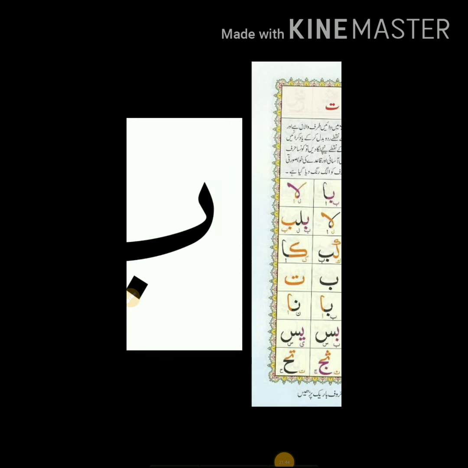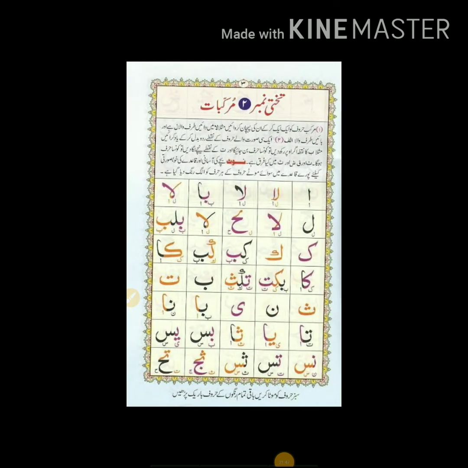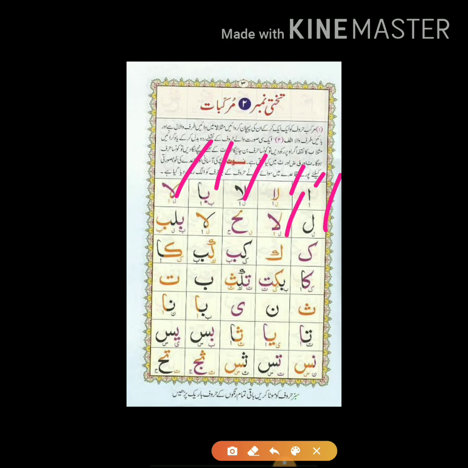The third box is lam alif. Next, ba alif. The second hint that I told you about is the cross-like shape. Whenever you see a cross-like shape, you should know that shape is lam alif. This is the shape of a simple lam. Again we have a cross-like shape, which is lam alif.